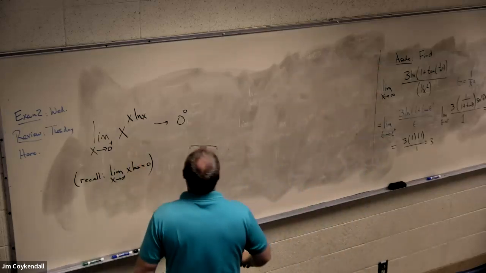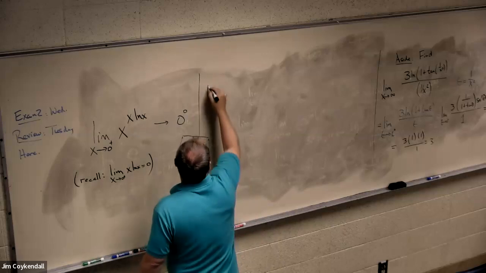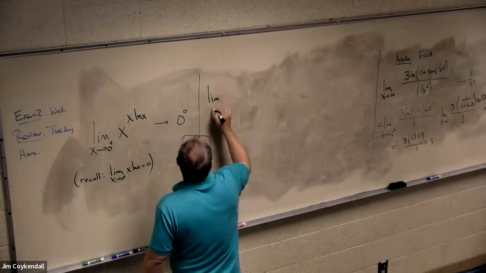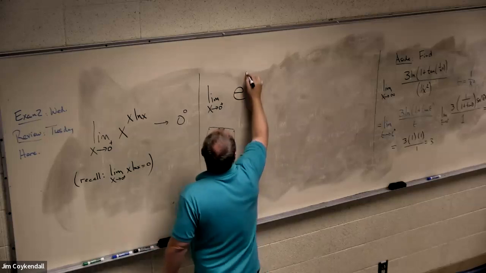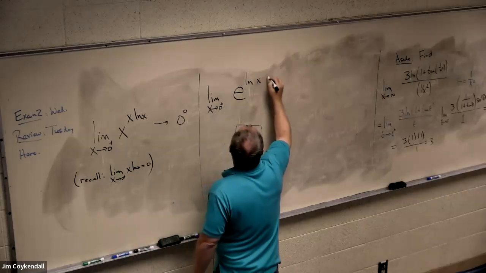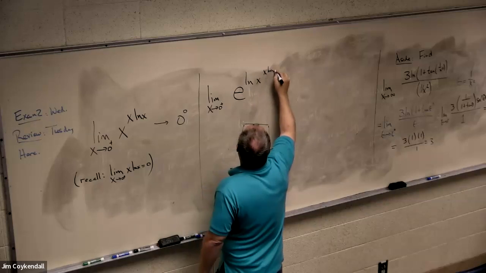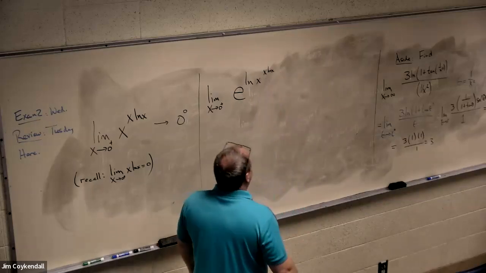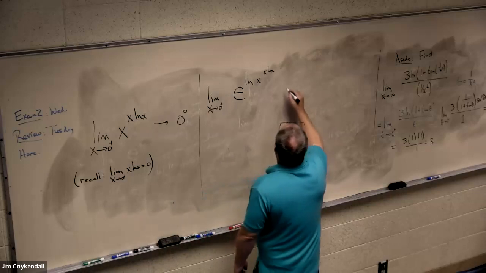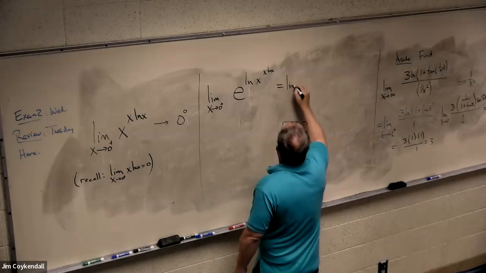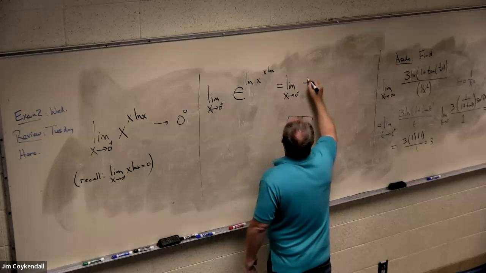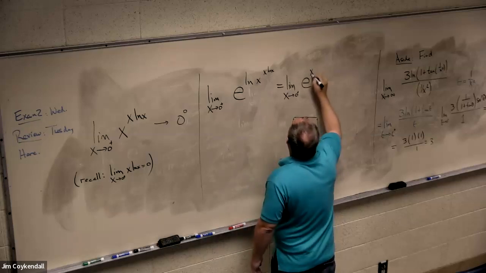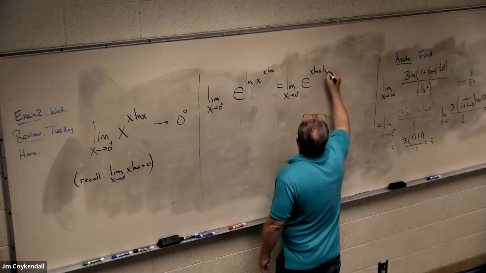Same strategy with variable base, variable exponent: the limit as x goes to 0 on the positive side of e to the x log x, which is the limit as x goes to 0 on the positive side of e to the x log x.